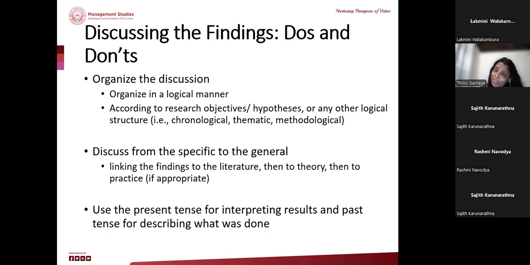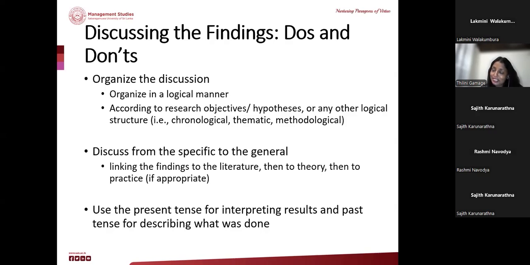Then you can gradually narrow it down to the specific theoretical framework that you have used to ground your research. And if applicable, you can even talk about the implications stemming from your findings for practitioners as well.